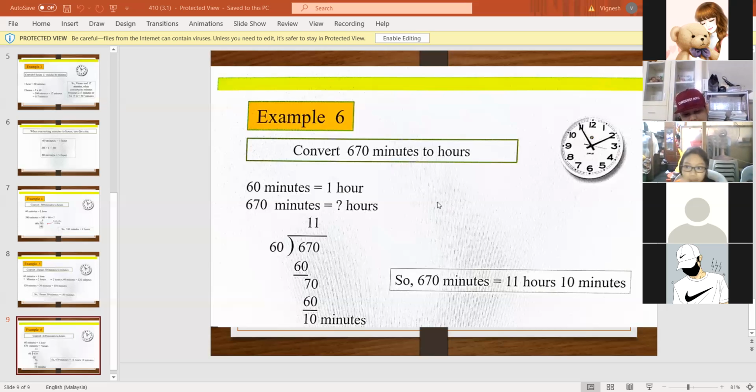If you want to convert from hours to minutes, you need to use multiplication, very good. Minutes to hours, divide, very good. You need to use division.